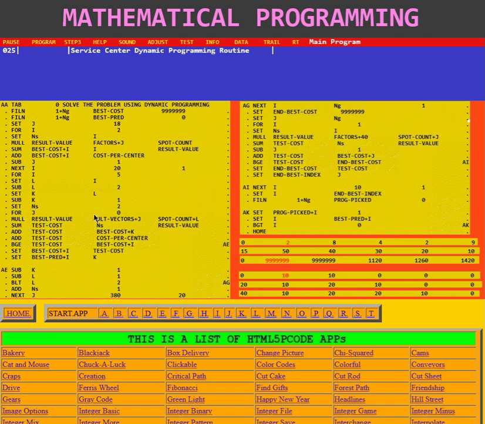Then it says for J of 0, and down here for J to 380, 20 at a time. That J is going to be used for this multiply vectors, which will say what values to multiply times the spot counts to get the result values that we're then going to add up, just like we summed them up here for the first service center position.